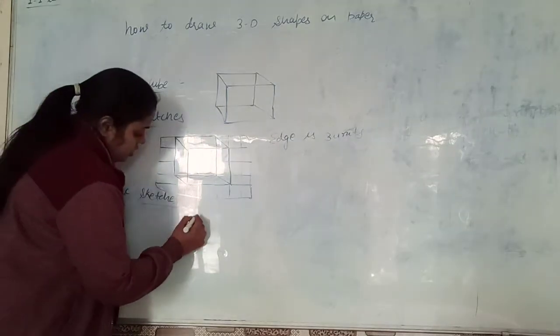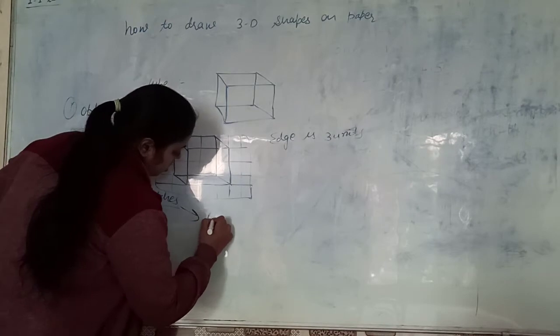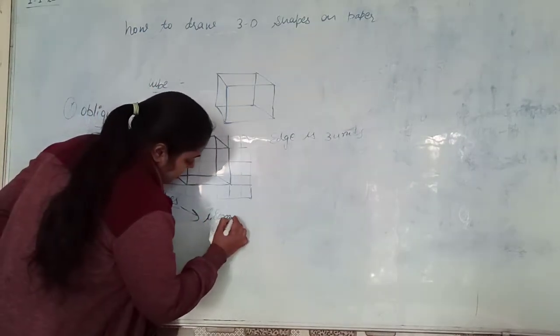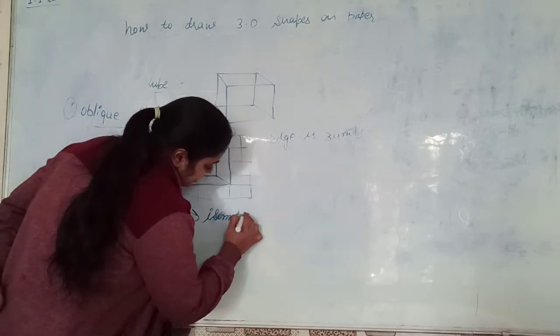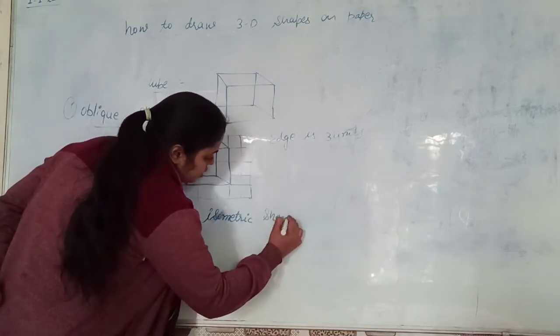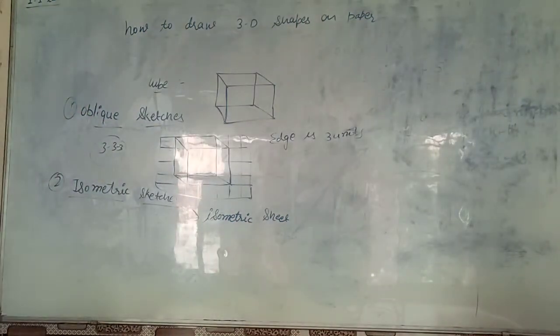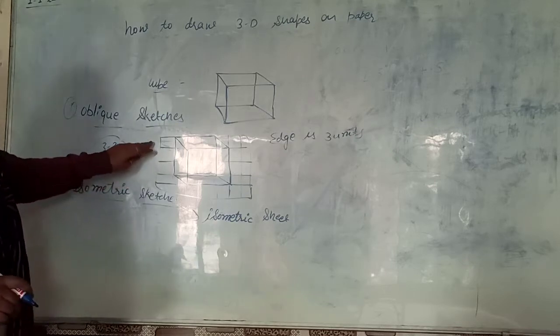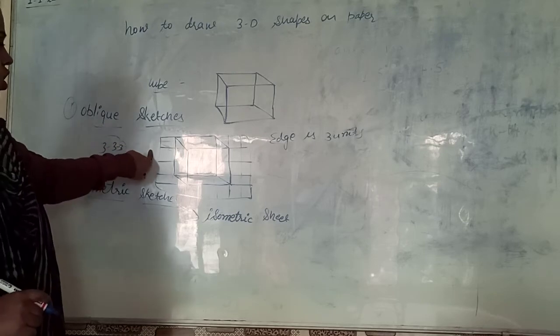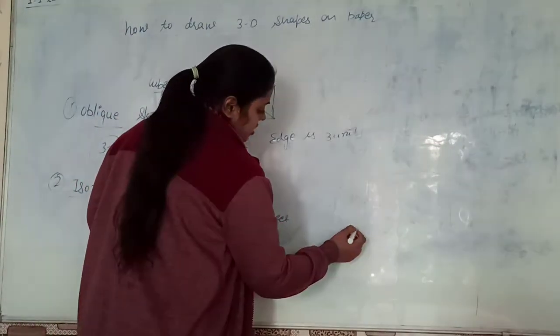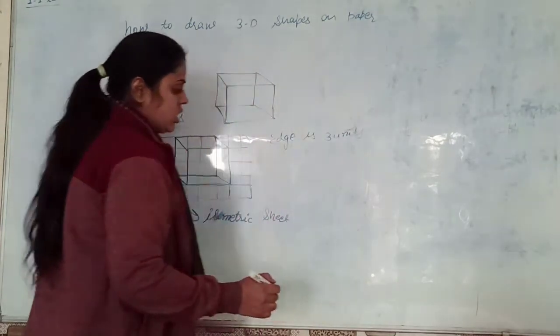I will also show you these, but these sheets are dotted sheets on which dots are there. Like in oblique sketch, sheets are like square boxes, but in isometric sketches the sheets are where a dot is given on the sheets.